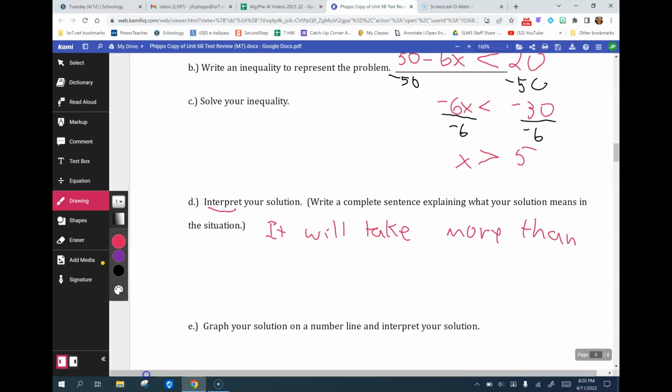Oops, we need the 5 there. Now, that is a complete sentence and you could stop there, but you could also say it will take more than 5 hours to be below 20 degrees. Both would be right. This one just answers it better.